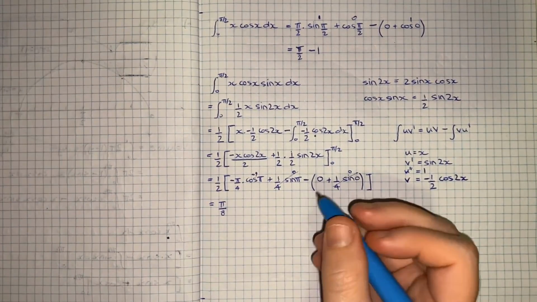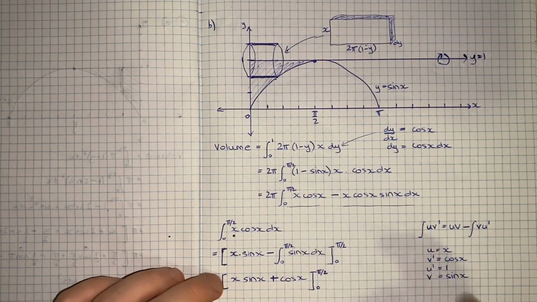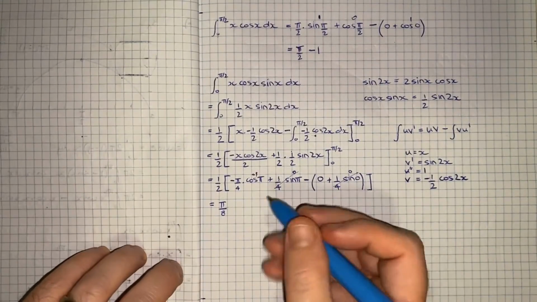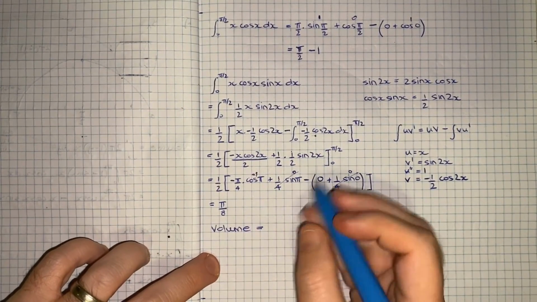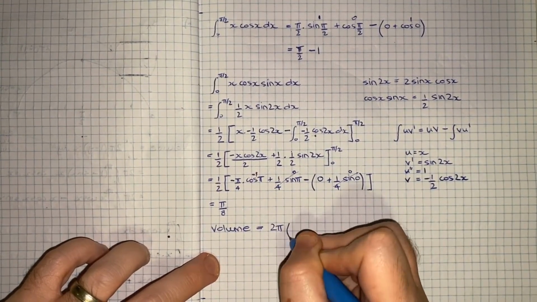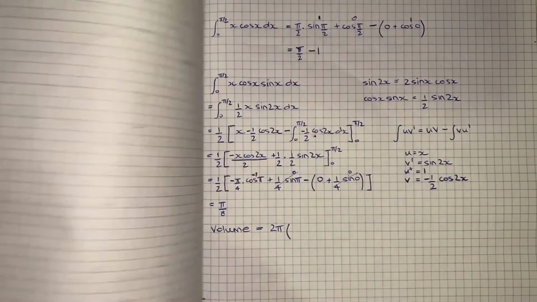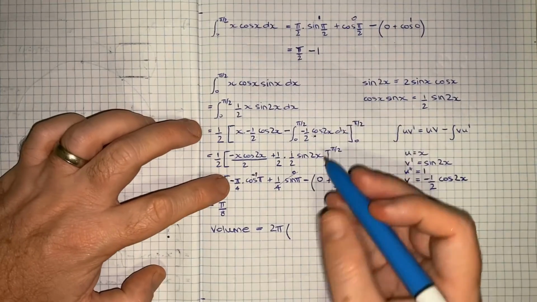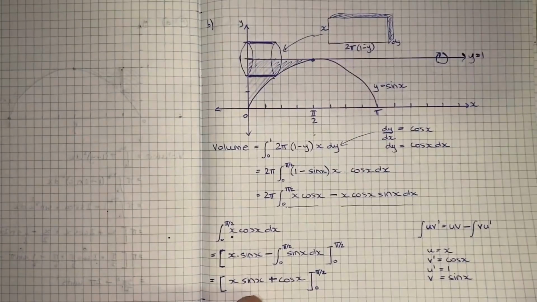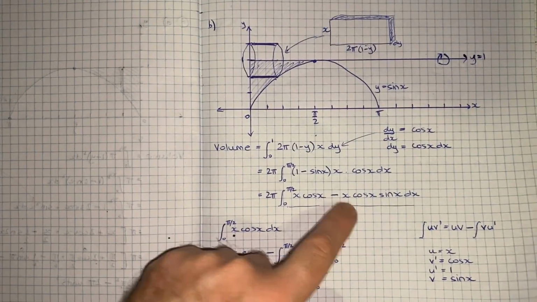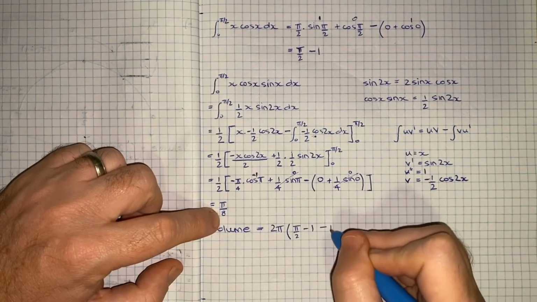So now if we remember that we've just done each of these parts, the volume that we're trying to get to is going to be 2 pi times the integral of x cos x, which we worked out was pi on 2 minus 1, minus the integral of x cos x sine x, which we just worked out was pi on 8.